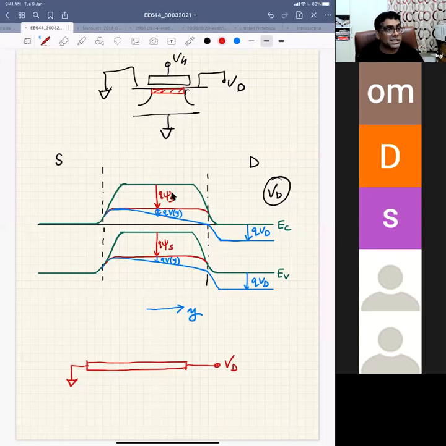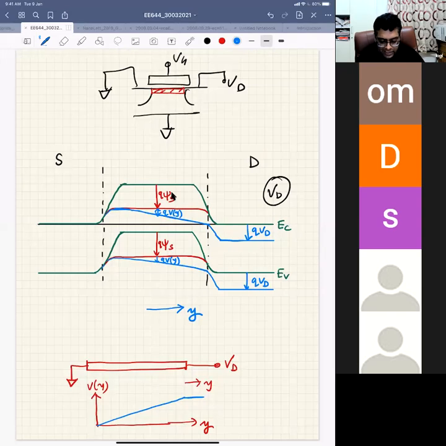So your channel is a highly conductive region. If I plot, this direction is Y, if I plot in the Y direction the voltage from left hand side to right hand side, you will see that your voltage will increase from 0 on this side to VD on the other side, right?